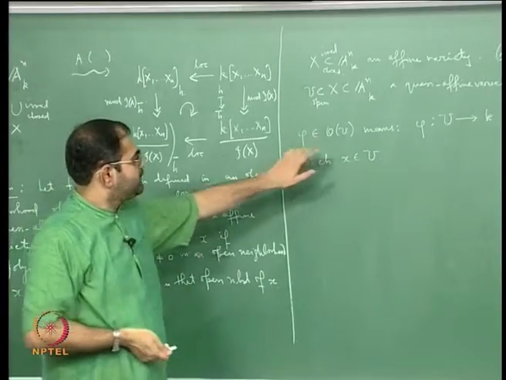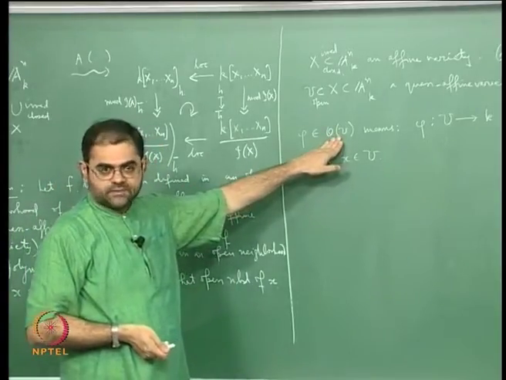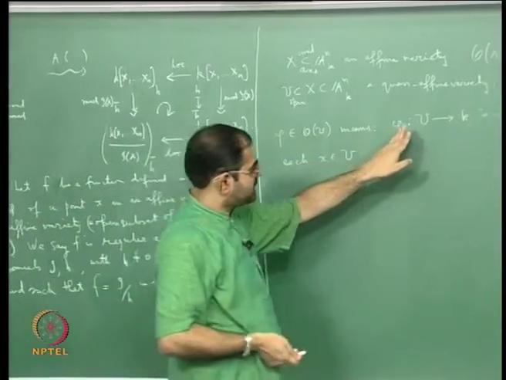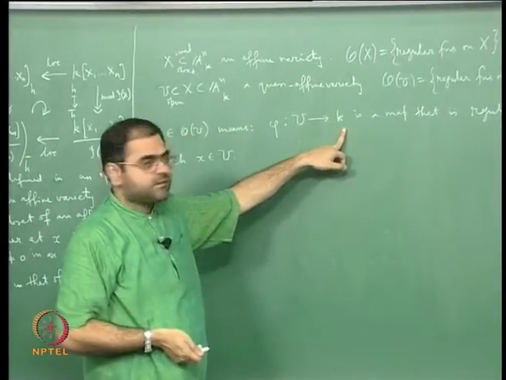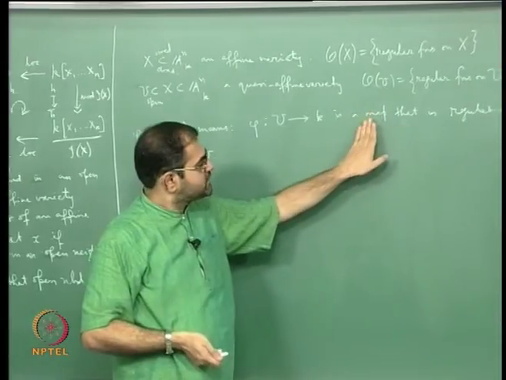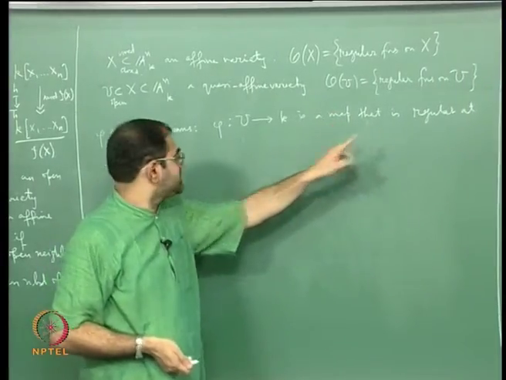So what is a regular function on a quasi affine variety? It's a function with values in the field, which is just a map, but with the property that it is regular at every point.